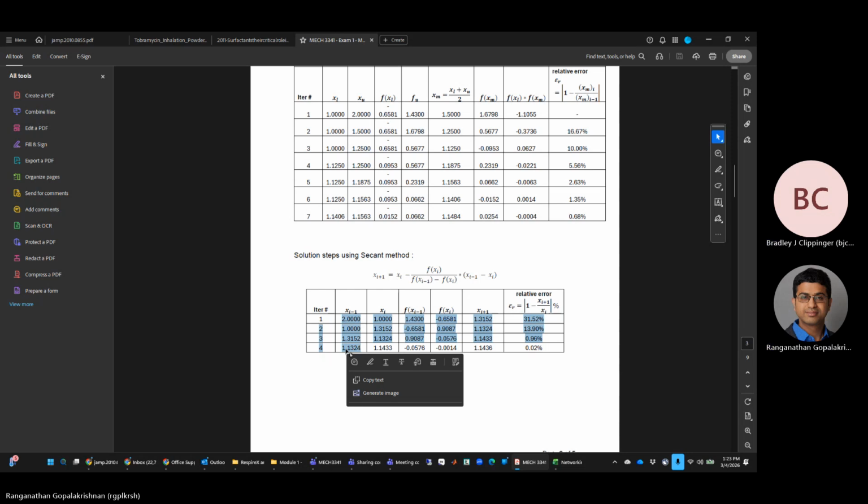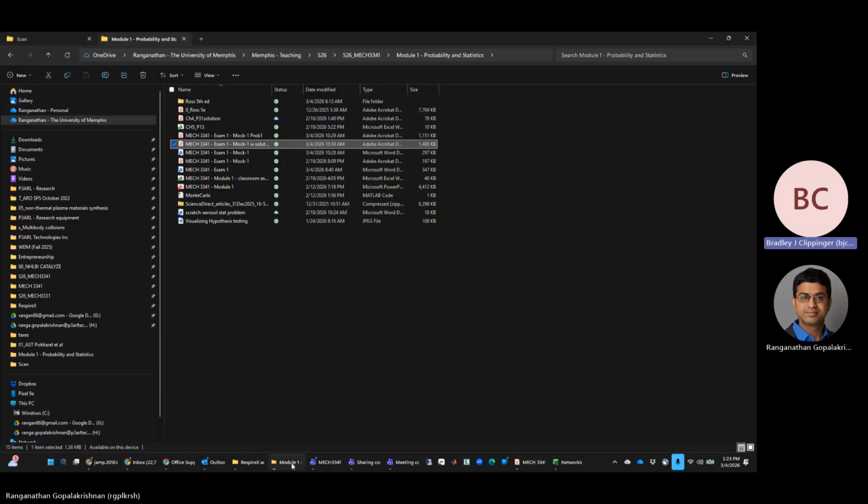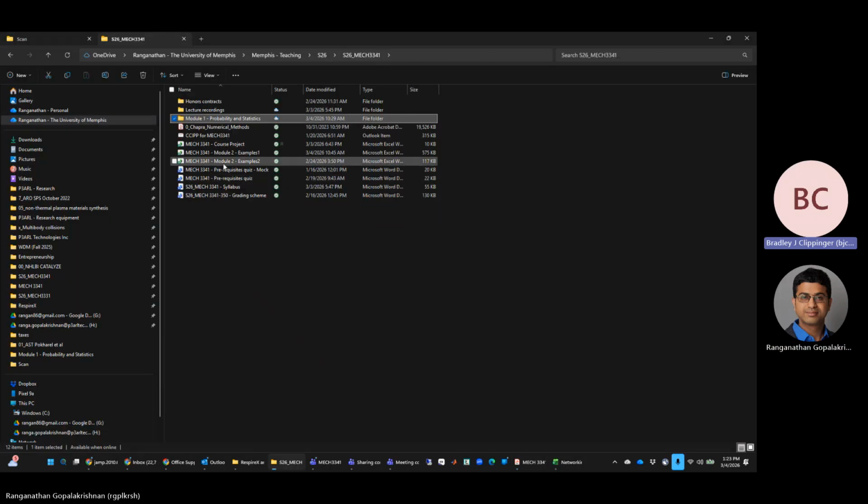Okay. Yeah, so on the Excel sheet I just downloaded from Canvas that has the secant method in it, I put in the guesses that we got from class, right? And I'm getting completely different values. Which file?